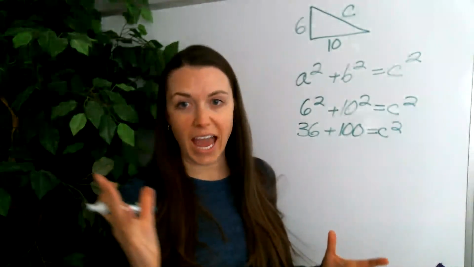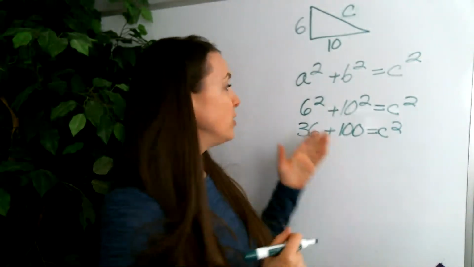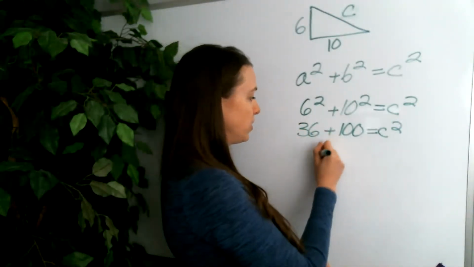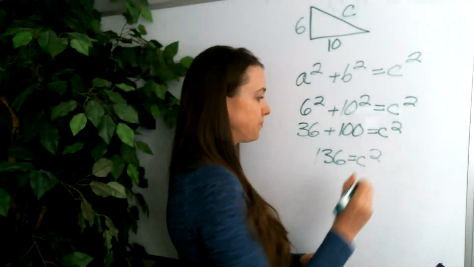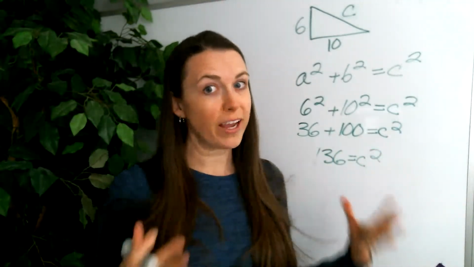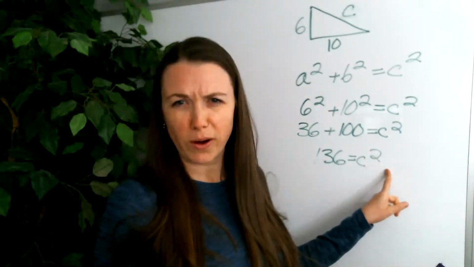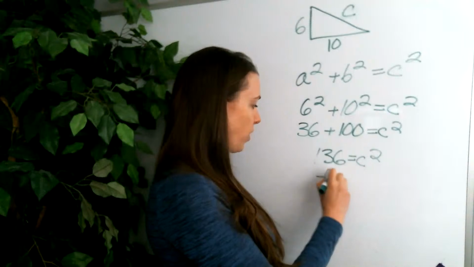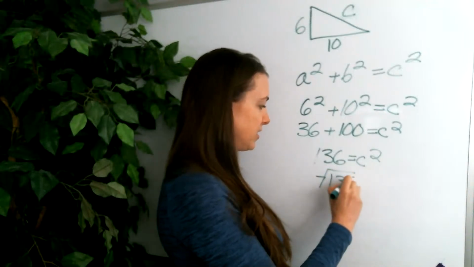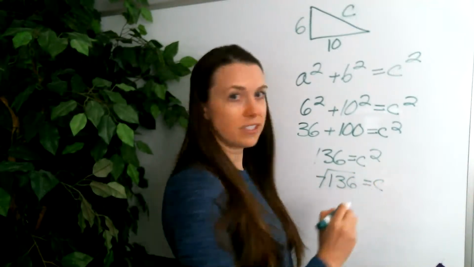And now I just add those two numbers together. So 36 plus 100 is 136 equals C squared. And again, to find C and to get rid of this squared, we have to take the square root of 136, and that will give us C.